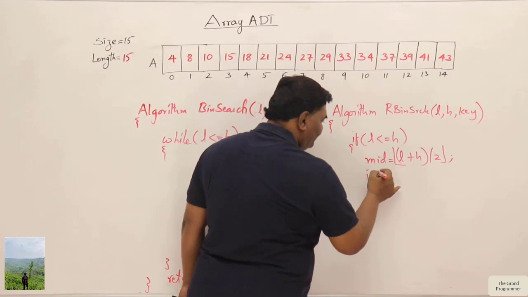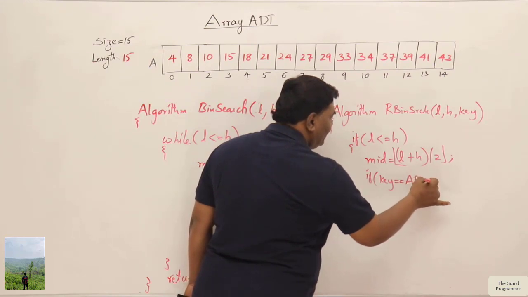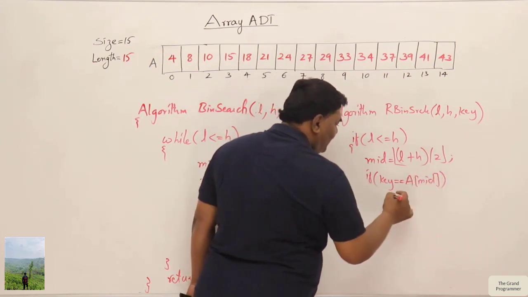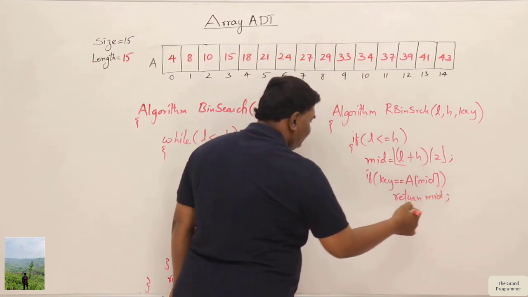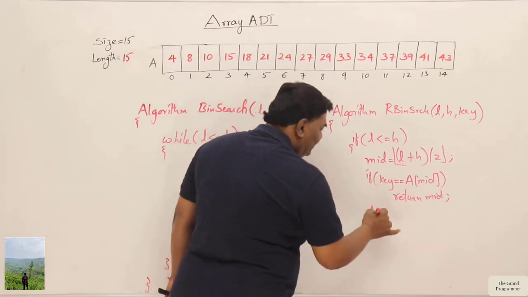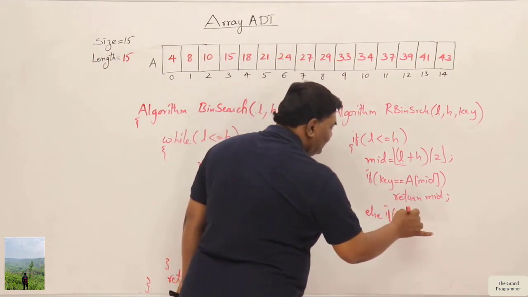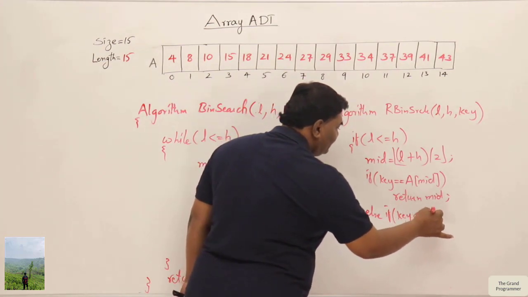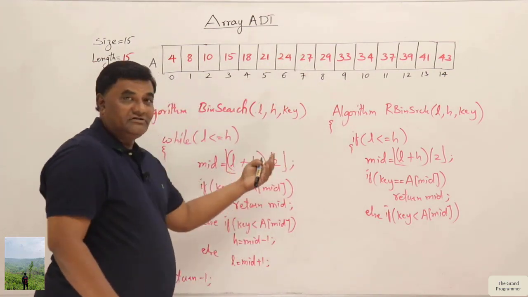And we check if key is equal to A of mid. If so, then the element is found, so return mid. It is almost similar. Else, if the element is on the left hand side, check if key is less than A of mid. If key is less than A of mid, then we have to search on the left hand side.